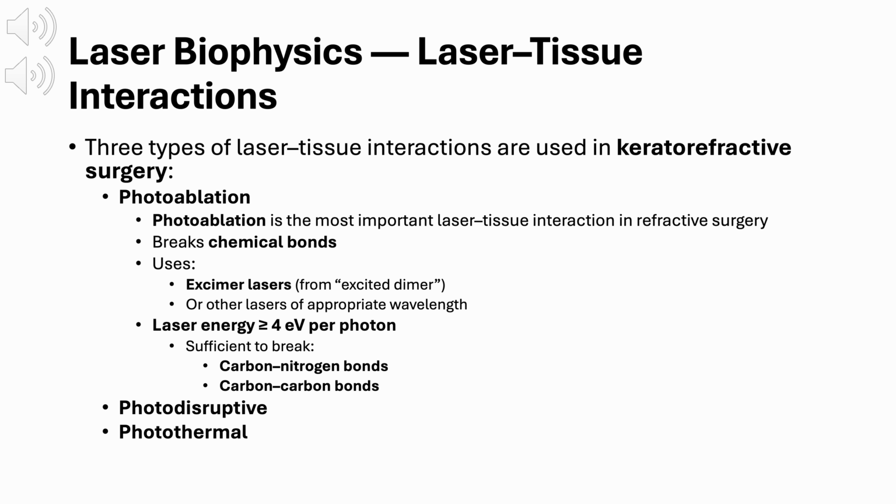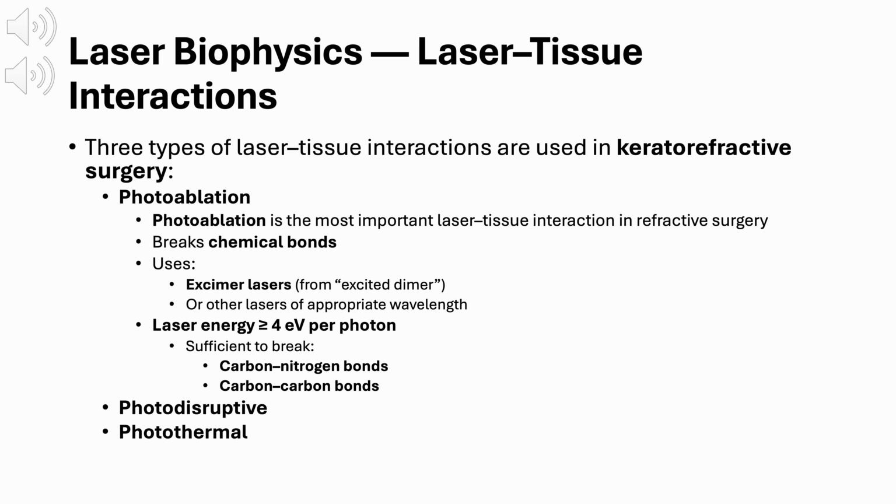In refractive surgery, photoablation is typically achieved using excimer lasers, short for excited dimer, or other lasers operating at wavelengths capable of delivering sufficient photon energy. The key concept is energy per photon. When laser energy reaches approximately 4 electron volts or greater, it becomes strong enough to break carbon-nitrogen and carbon-carbon bonds.